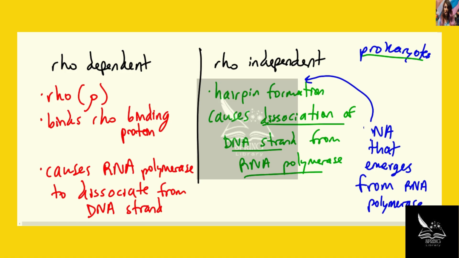So it is, once again, the RNA that emerges from the RNA polymerase once the DNA has been transcribed, and it will go into this hairpin formation, which at a certain point will cause our RNA polymerase and other transcription machinery to dissociate from the DNA strand.